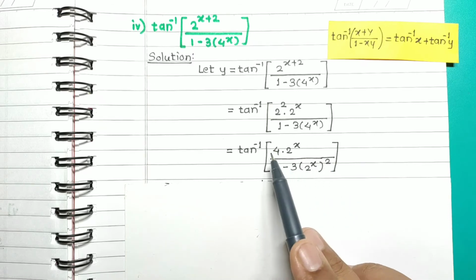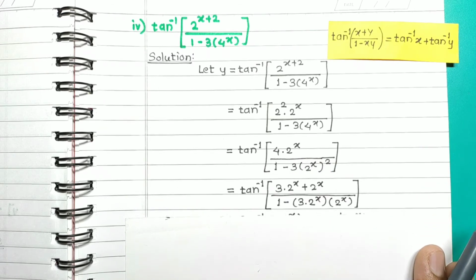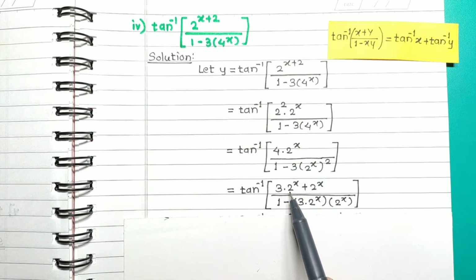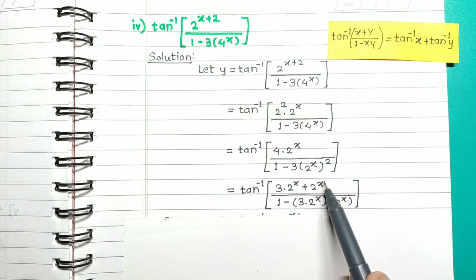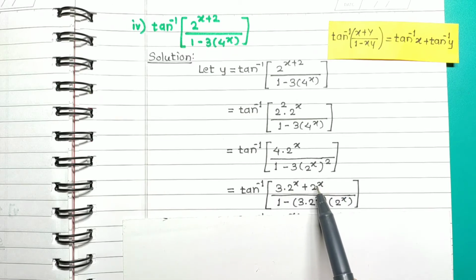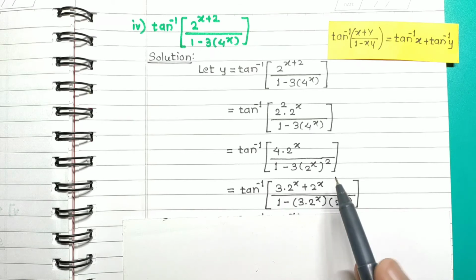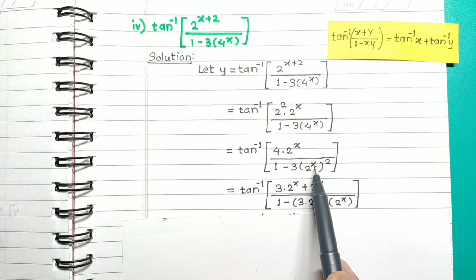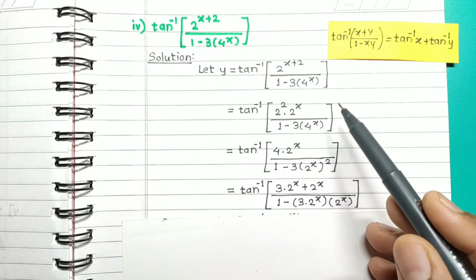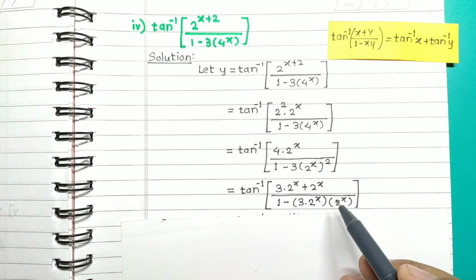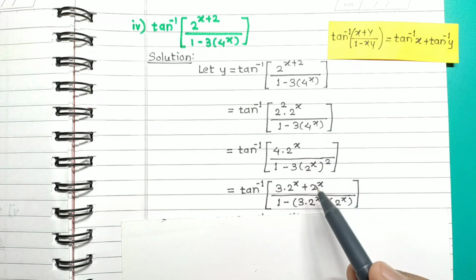Okay, so these terms can be written as, see, 4 into 2 raised to x, we write it as 3 into 2 raised to x plus 2 raised to x. Okay, and the product of these two terms, 3 into 2 raised to x into 2 raised to x, is nothing but 3 into (2 raised to x) bracket square. So you note this simplification very properly. It may jumble you, so practice for this simplification.